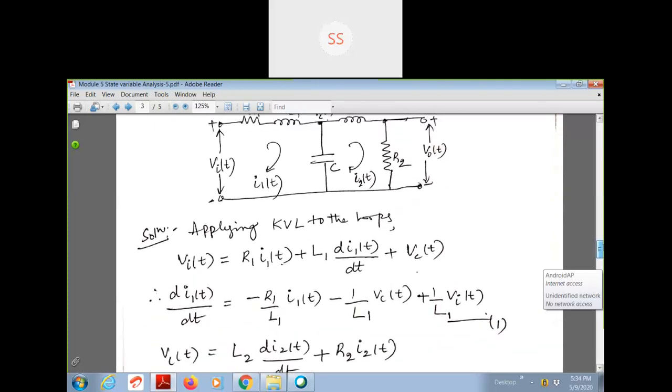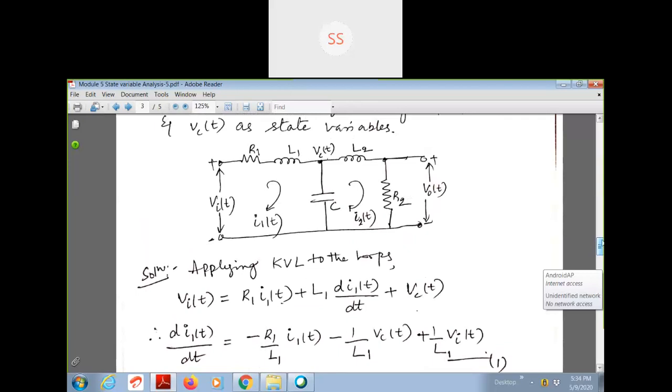So now we will derive the state equations. Again the same procedure, you will have to apply KVL to the loops. So consider the first loop.